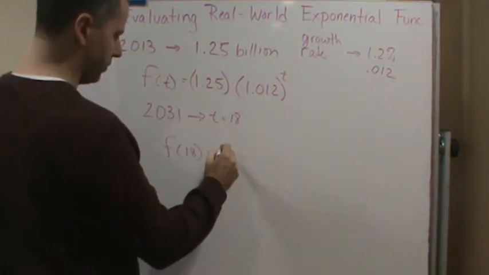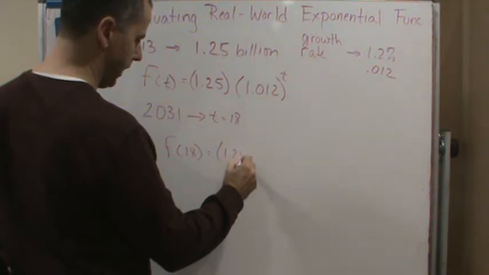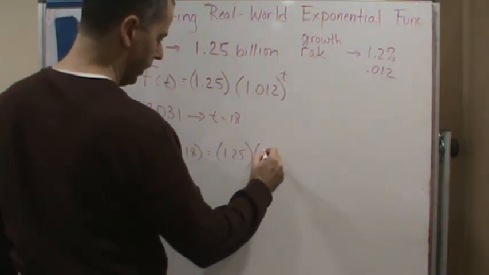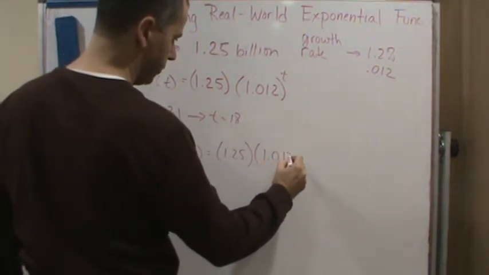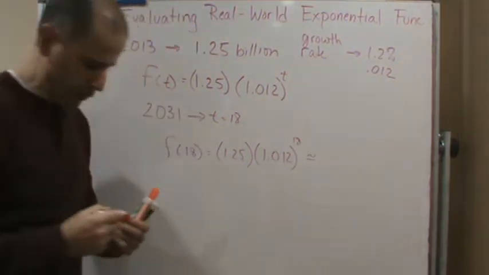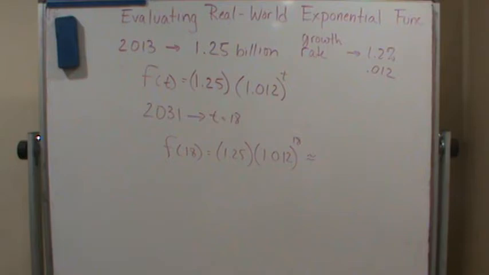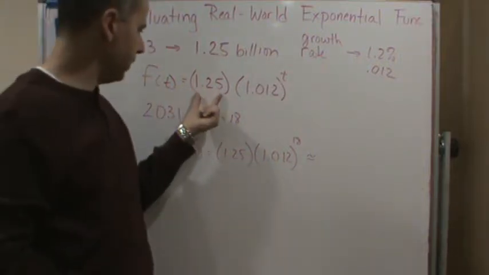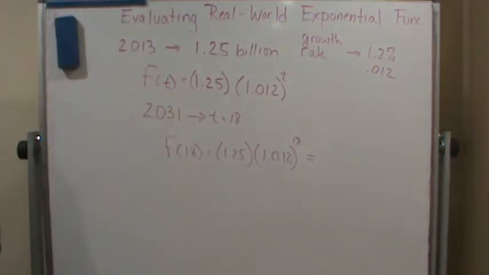Plug in 18, and so this is going to be 1.25 times 1.012 raised to the 18th power. And if we want to round this, remember, this is in billions.